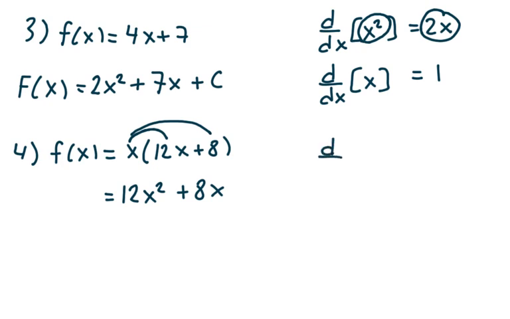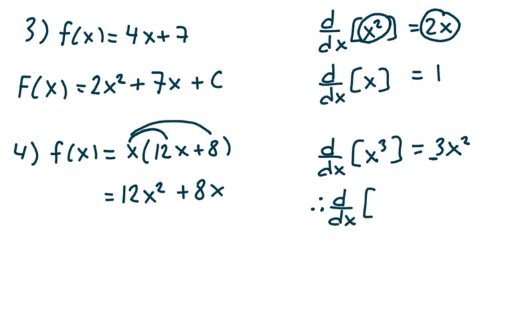And remember, the derivative of x cubed with respect to x is 3x squared. So if you want to think about it this way, isn't 3 times 4 12? So the derivative of 4x cubed with respect to x is 12x squared, which is exactly what I want. So capital F of x is equal to 4x cubed.